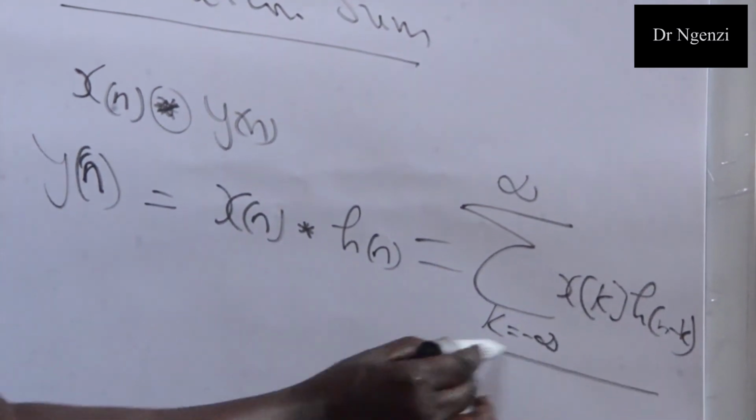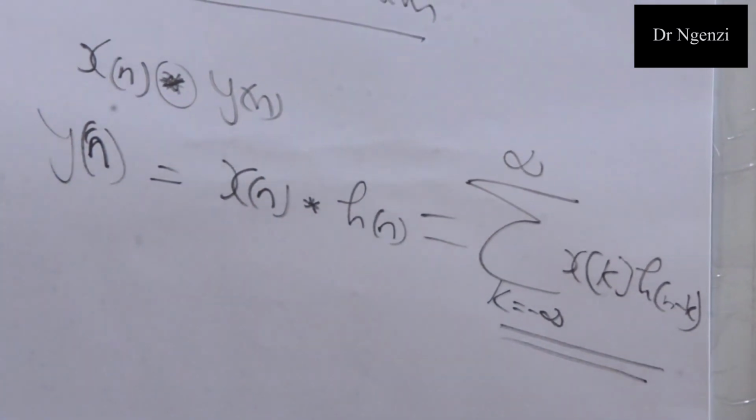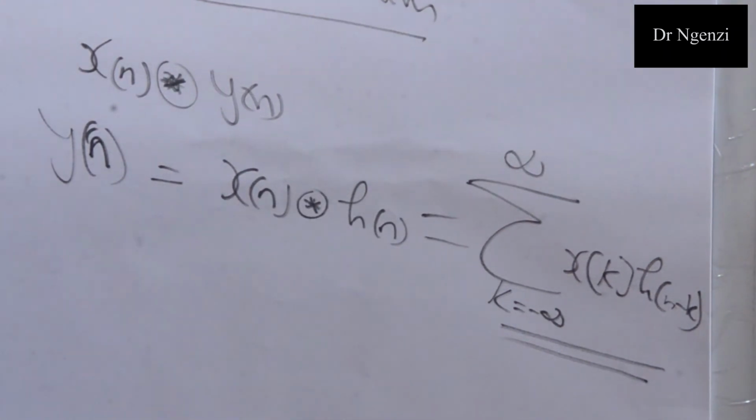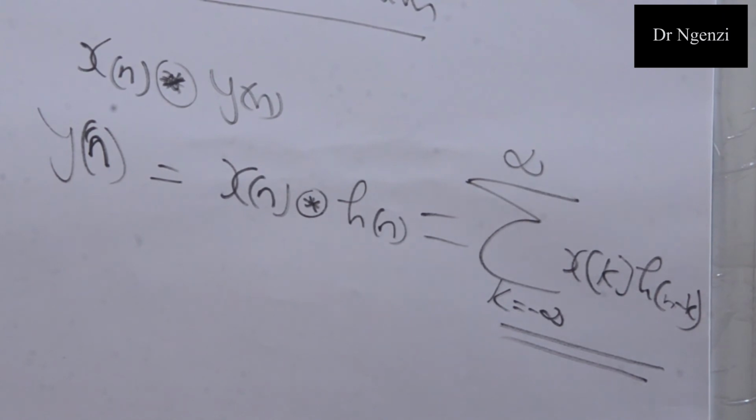Right. So this is also true if you want to have a convolution sum. So remember, this is what a convolution sum is, and it is an operation that is going to show the values.